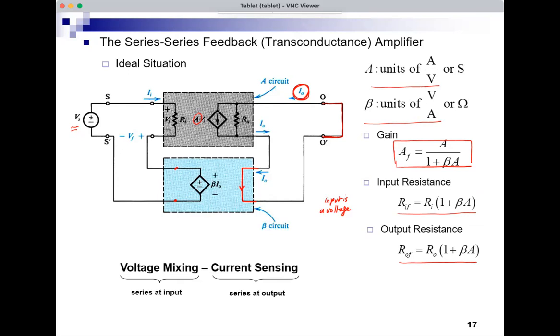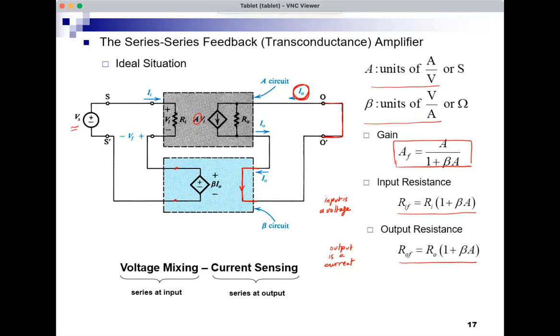For output resistance, because the output is a current, and remember when we talked about the current mirror and current source, we said that we would like the output resistance of those sources to be infinite, to be as large as possible, so that the current is constant.